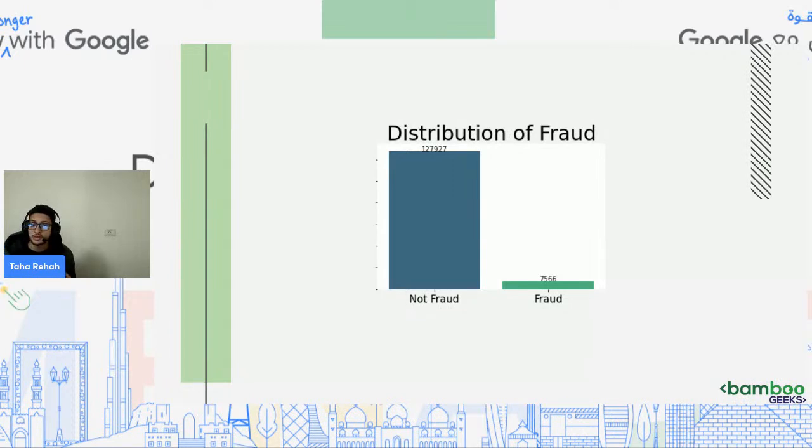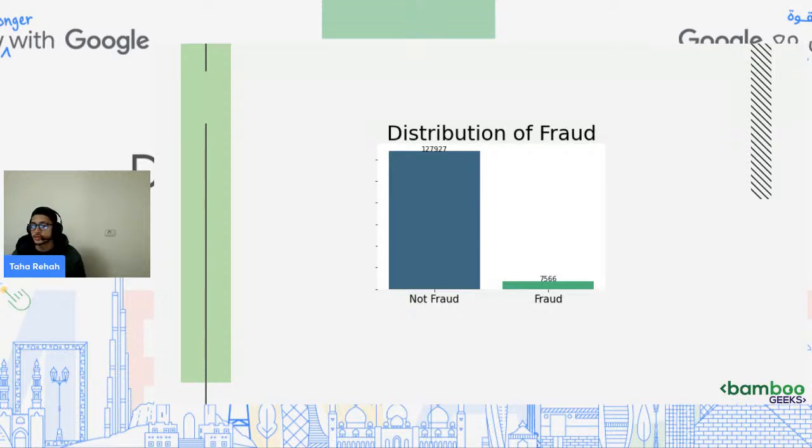We found 127,000 persons who are not committing fraud and only 7,500 who are. So there is a huge imbalance in this dataset, because persons not committing fraud are much more numerous than persons committing fraud, which is what we were talking about before.